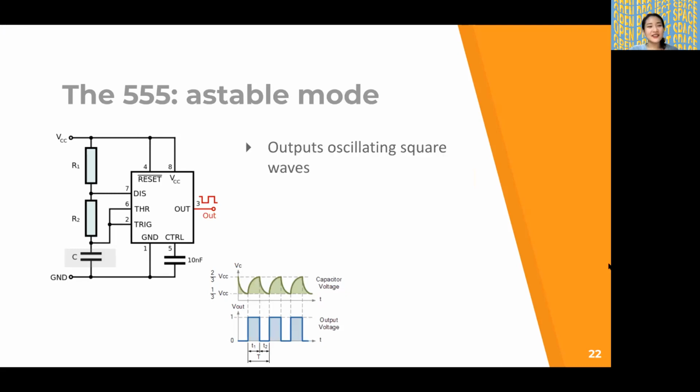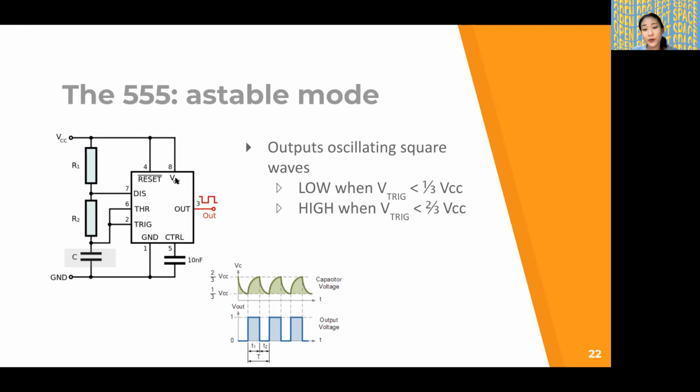So what we're going to do is in astable mode, the 555 timer outputs oscillating square waves. And that basically is just oscillating square waves as we've seen before. So it's high, low, high, low, high, low, high, low until you reset it or do something about it. It'll output low when the voltage at the trigger pin over here is less than 1/3 of VCC, which is the power.